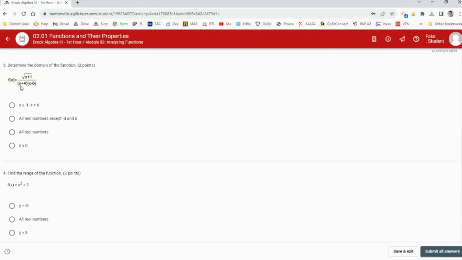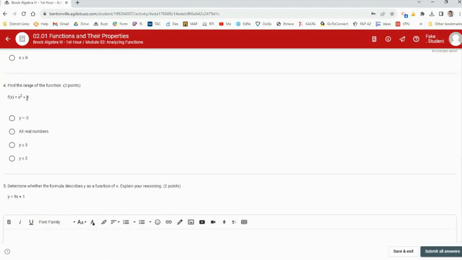But any x down here that makes this a 0 is also a problem. So if x equals 6, 6 minus 6 is 0. 0 times anything is going to be 0. That's a problem. So you can't have 6. So you've got to check a few things there.